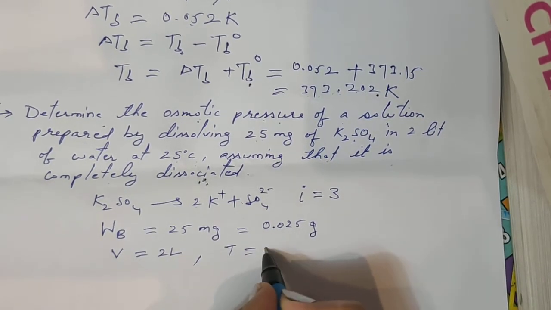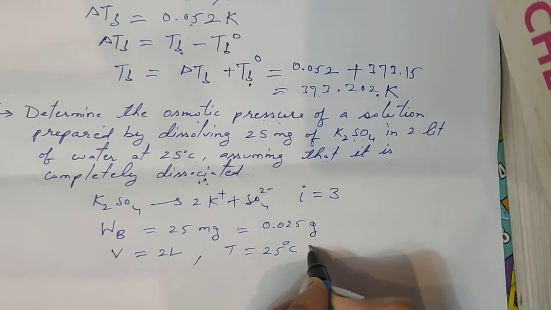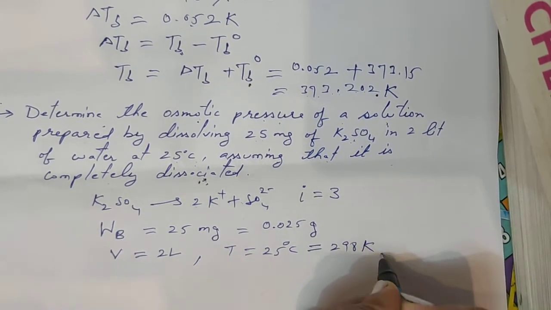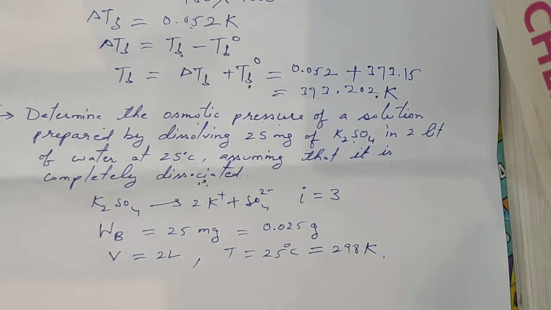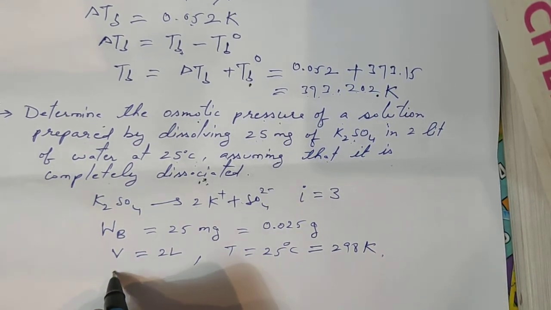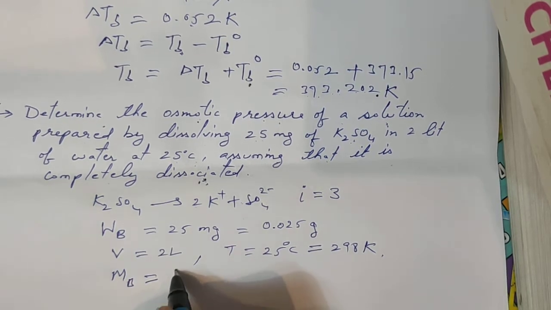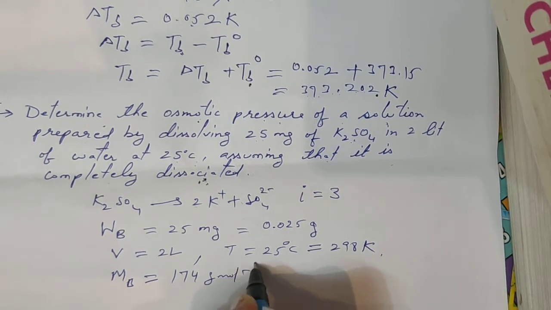Temperature is 25 degrees Celsius, it means 298 Kelvin. Molar mass Mb for potassium sulfate is 174 gram per mole.